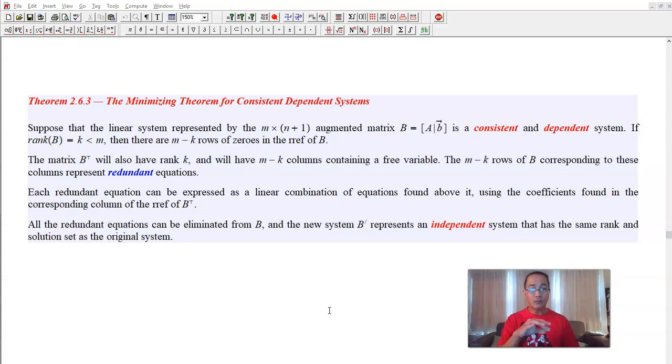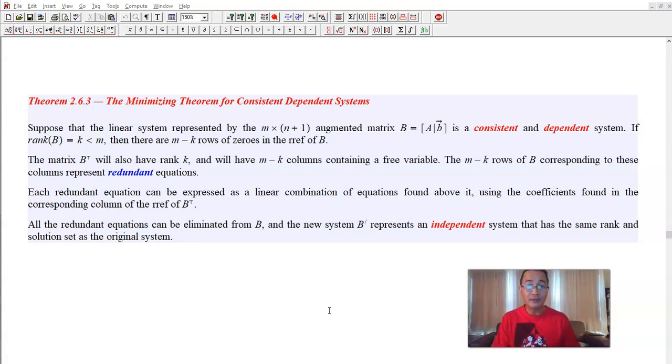So because we're now dealing with rows, that row is going to be a linear combination of the rows which are above it. And as in the minimizing theorem for vectors, we can find the coefficients that we need to express that equation as a linear combination of the equations above it.